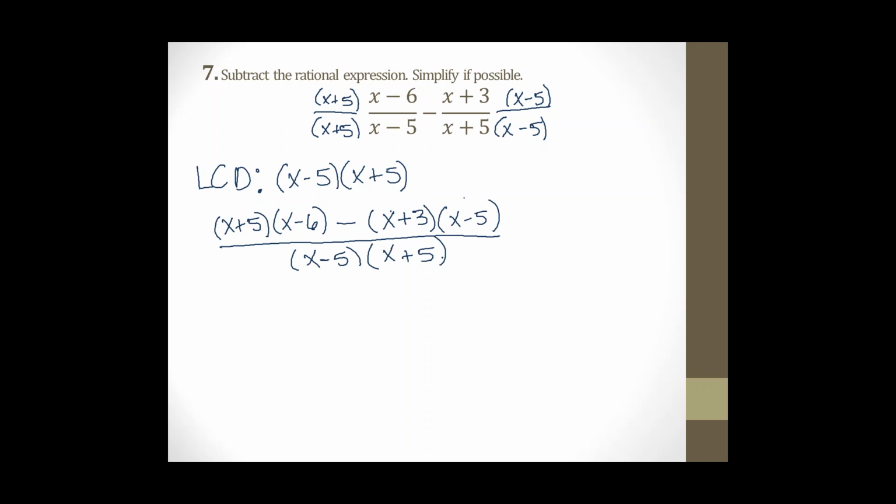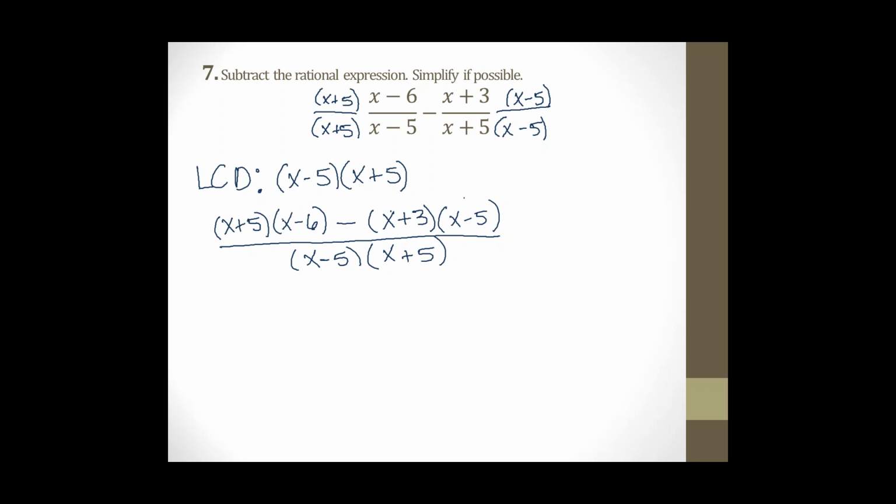Okay, so now we're going to have to do a lot of multiplying, distributive property or FOIL, to eventually simplify and get our answer. So I'm going to first FOIL or distribute these two binomials, then I'm going to do these two binomials, and then I'm going to distribute the negative. That's the order that I'm going to use.